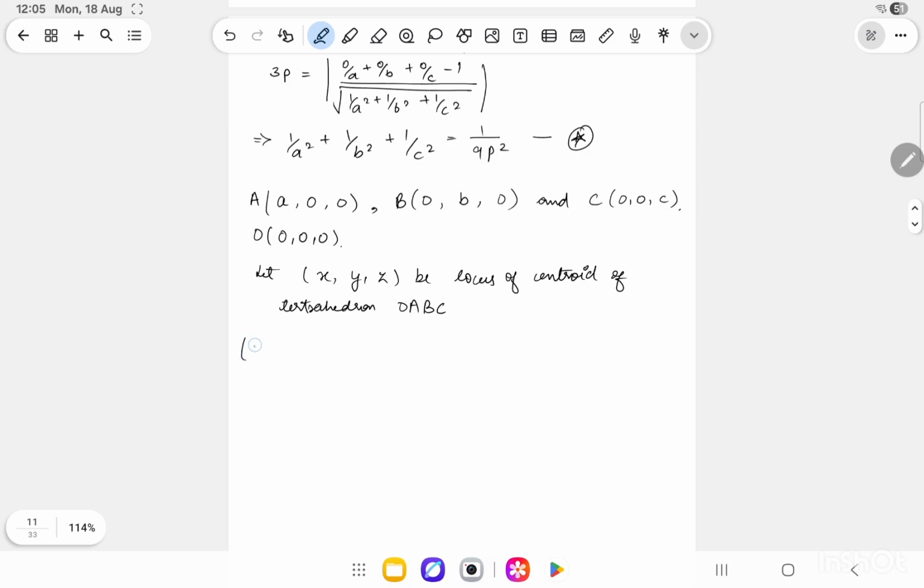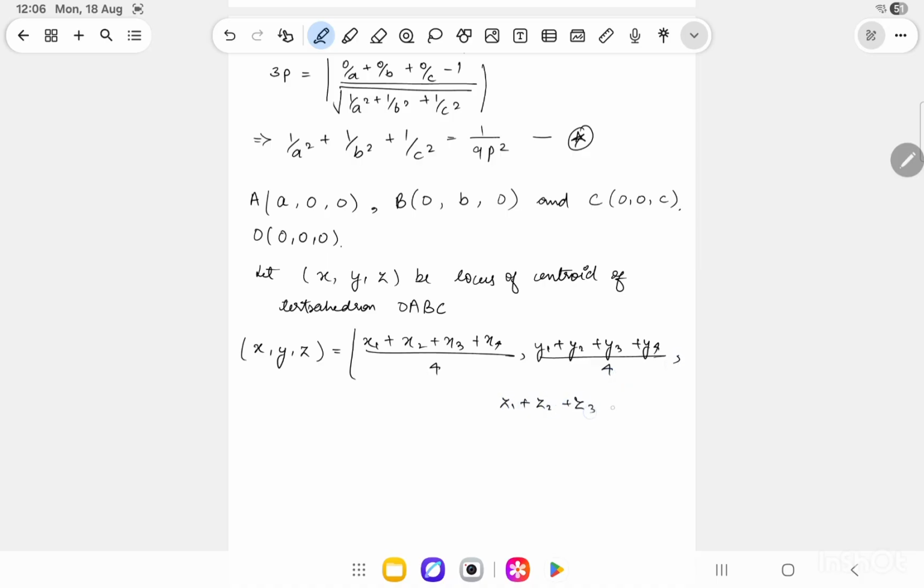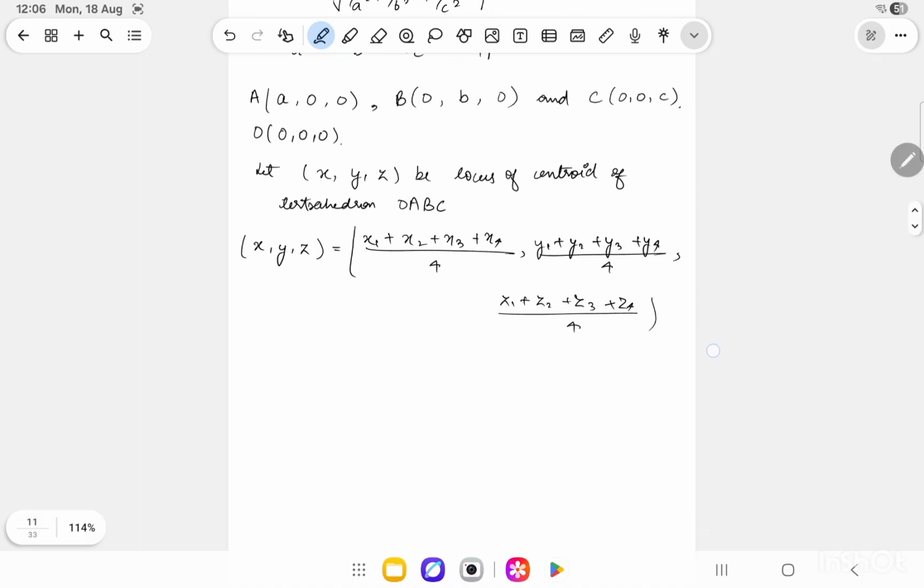Then (x, y, z) = ((x1 + x2 + x3 + x4)/4, (y1 + y2 + y3 + y4)/4, (z1 + z2 + z3 + z4)/4). Here the xi's are the x coordinates of the points A, B, C and O. Likewise the yi's are the y coordinates, and similarly for z.